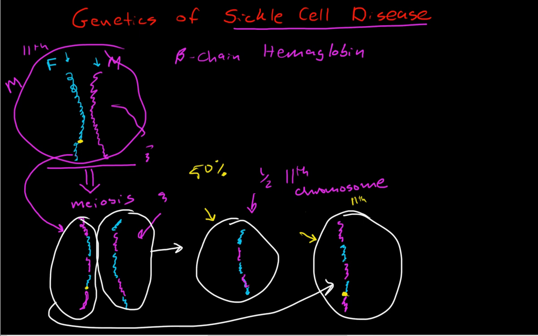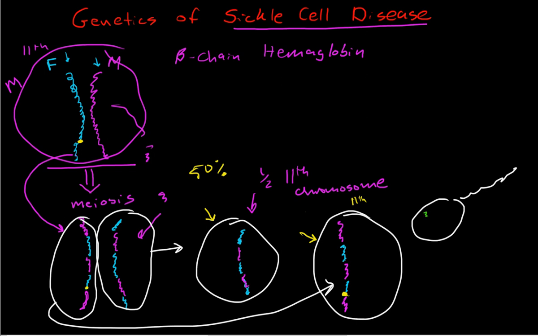Now, this is a recessive disorder, and we're going to talk about what that means in a few minutes, but it means that only one copy of DNA with the sickle cell trait is not enough to cause the disease. It needs both copies. So we need the father to present a sperm that also contains a copy.